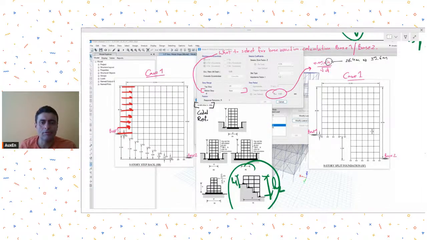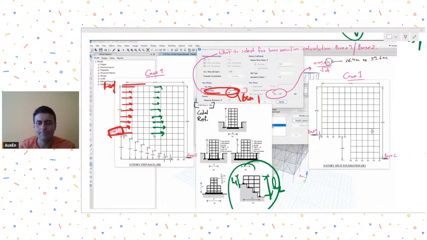So for example, if you give the bottom story as base 1, and the top story as whatever roof, then it will calculate the earthquake forces, and while distributing to story levels, it will only apply the story level forces on these floors.